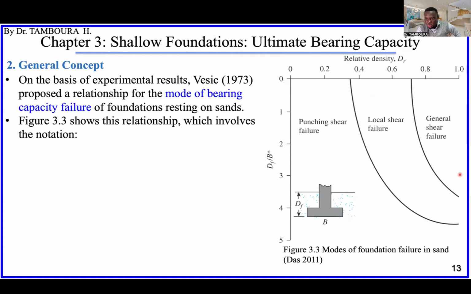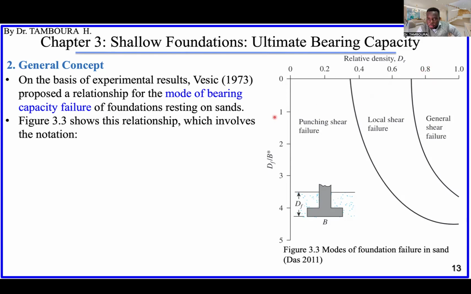So it means the relative density is not the only factor affecting the type of failure, but the depth is also another factor that you have to consider. As you can see, for example, if I take a relative density of, I will say even 0.8, okay?